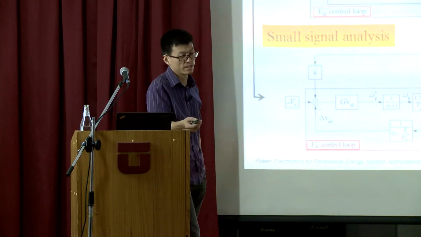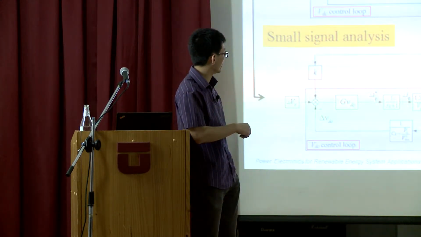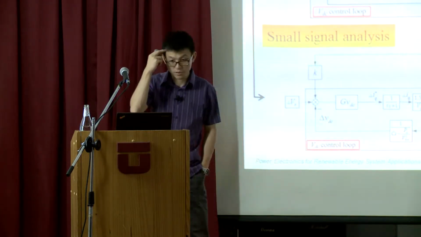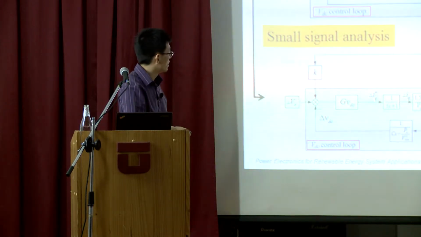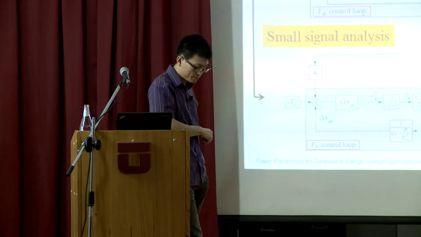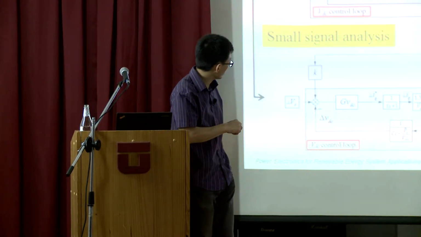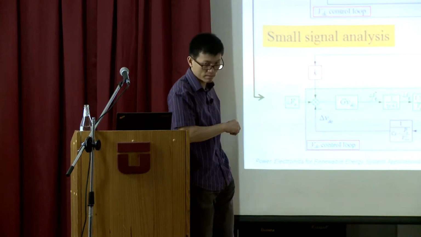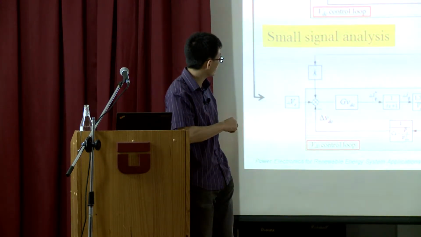Okay, exactly what we did for the current mode droop. Again, you see this K here. So this is the droop. The K is like feed forward.